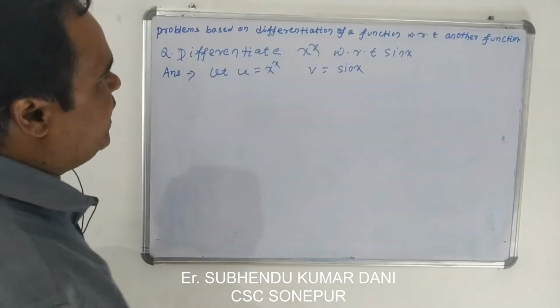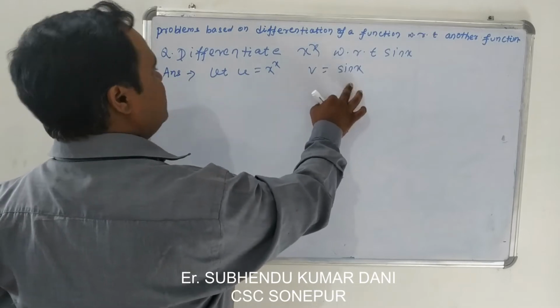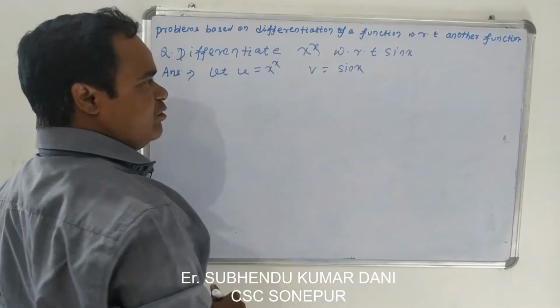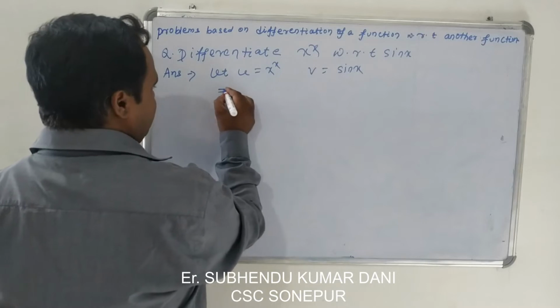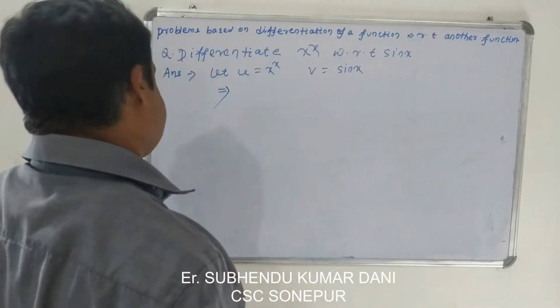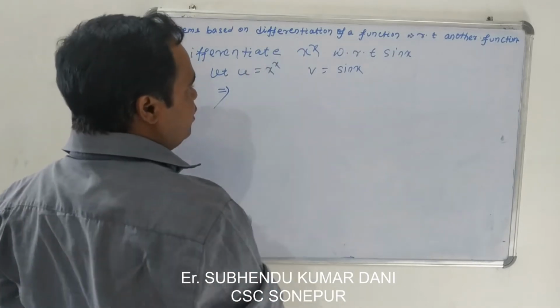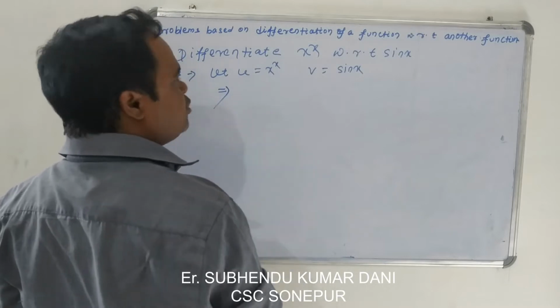So we have to find du by dx, dv by dx, and lastly du by dv. Now u is x to power x, that means a variable to the power of a variable. We know that for a variable to power a variable, we take logarithm on both sides.